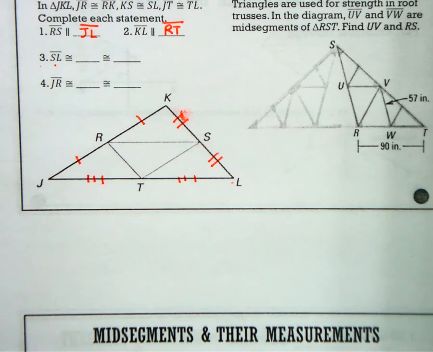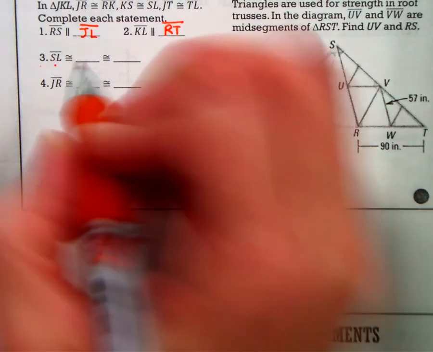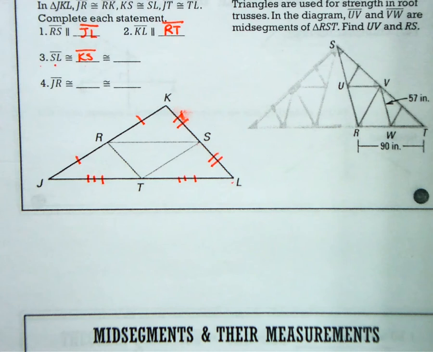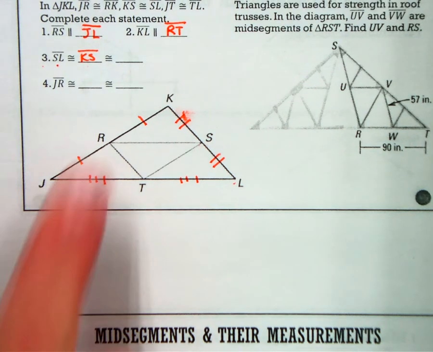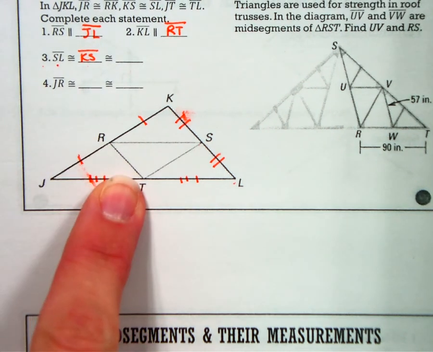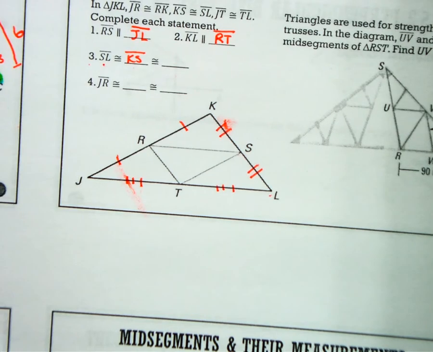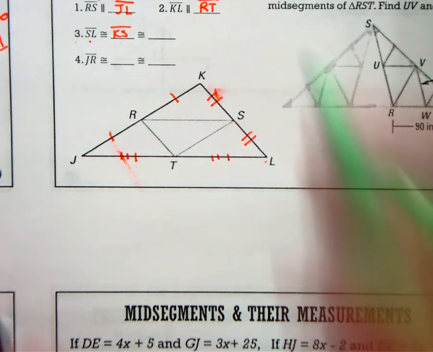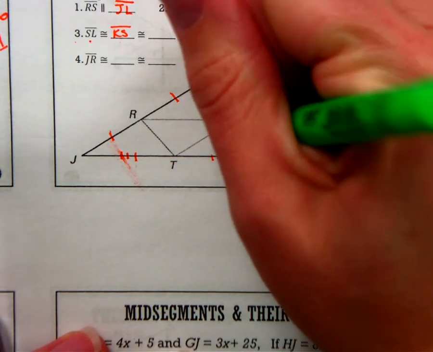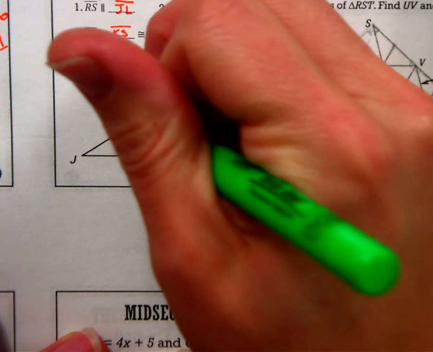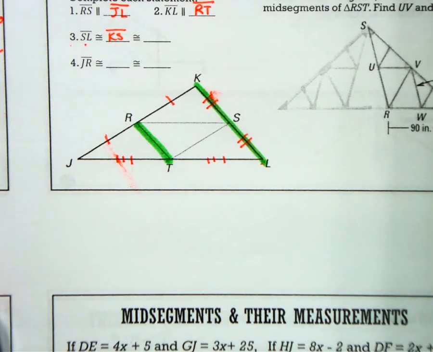You already have that marked on there, right? So let's put a KS. And also, what else? RT. Okay, so again, KL, SL, and KS are on that line there. So that corresponds with this midsegment. So those pieces are all equal to each other.